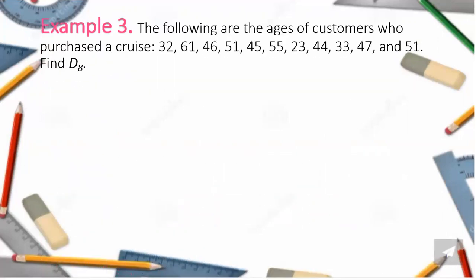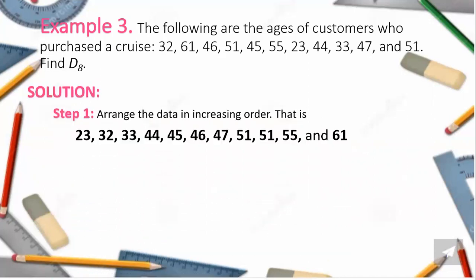Another example, example number 3. The following are the ages of customers who purchased a cruise: 32, 61, 46, 51, 45, 55, 23, 44, 33, 47, and 51. We need to find the 8th decile. For our solution, we follow the steps.